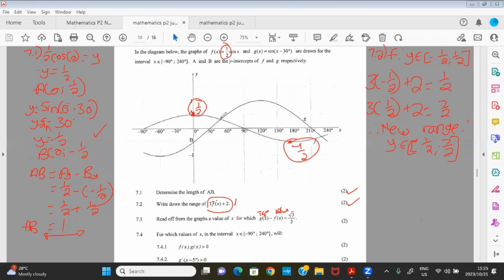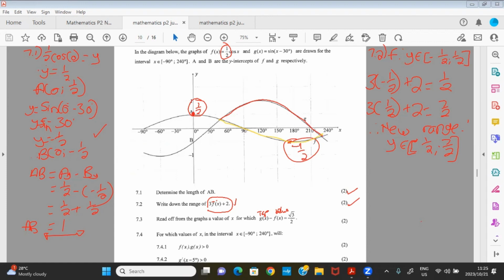I see it here. My g is above until here, and then my f will be below until here. Do we see that?